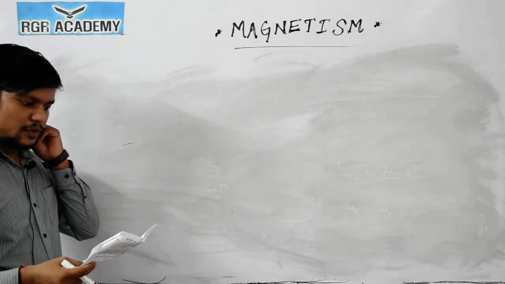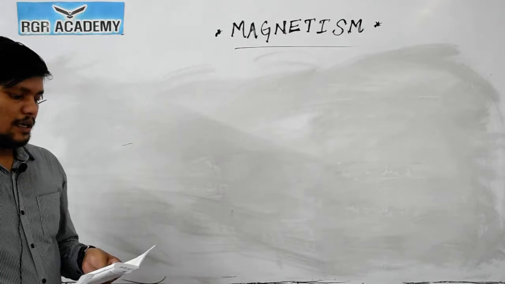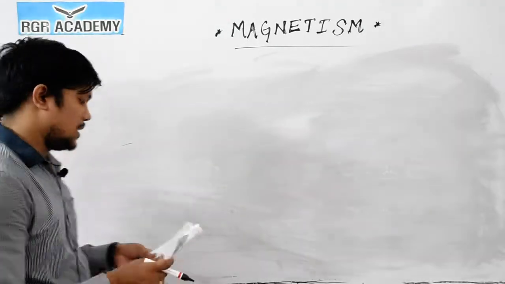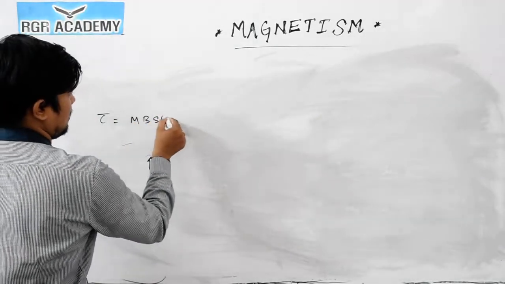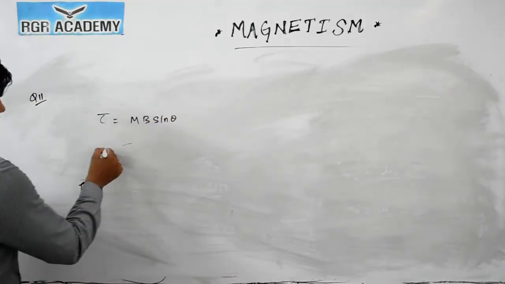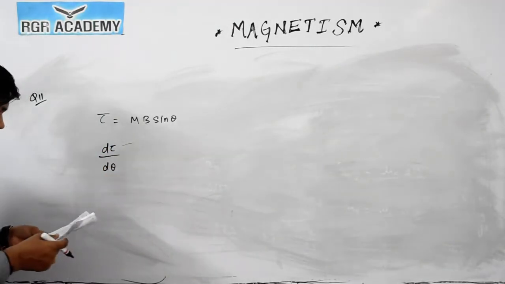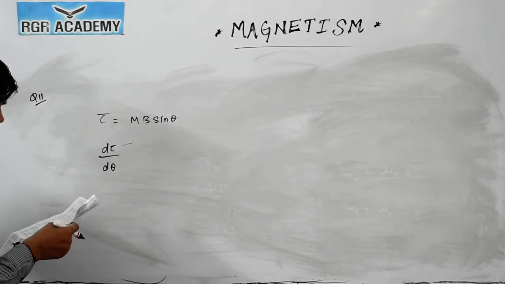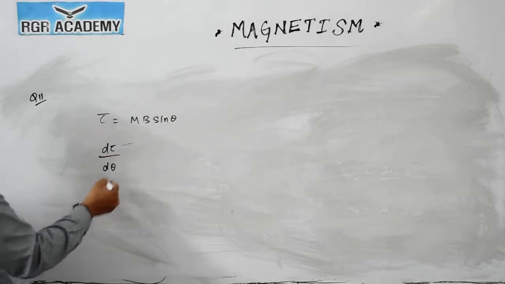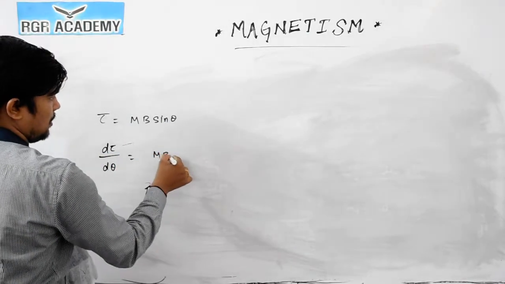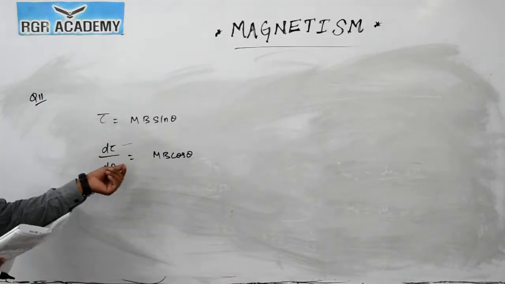The rate of change of torque with the deflection theta is maximum for the magnet suspended freely in a uniform magnetic field of induction B. See, torque is given by mB sin theta. So they are asking the rate of change of torque with respect to the deflection theta. Torque is given by m cross B, so mB sin theta, and its rate of change is mB cos theta.